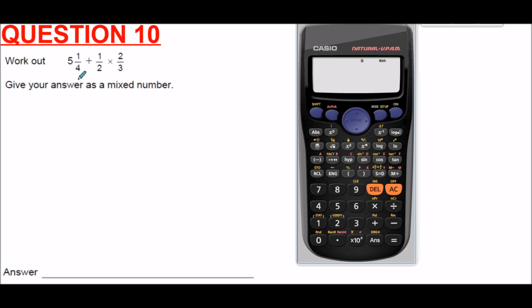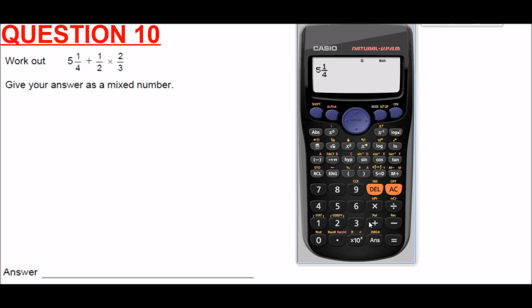What you need to do for this part here is to do the mixed number function on your calculator. So in this case, you can do Shift fraction button, and then you get 5 1/4, so it can be typed in just as it appears. And the rest of it you can type in as it appears exactly in the question.